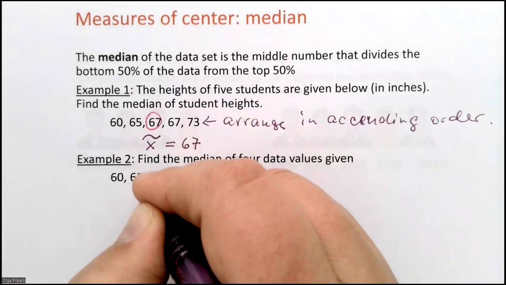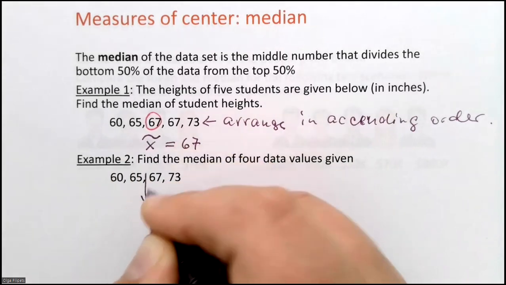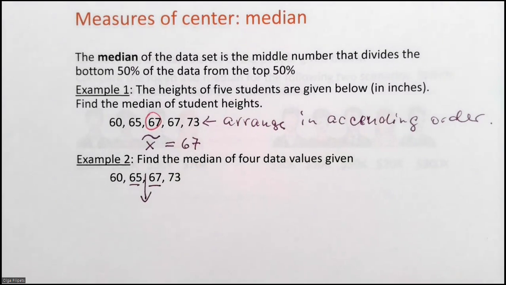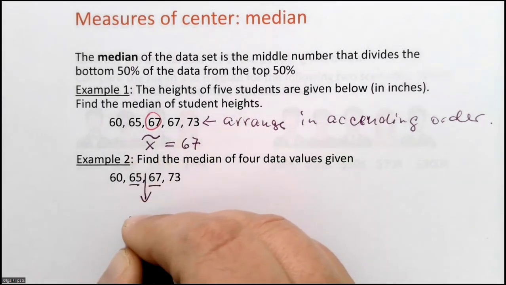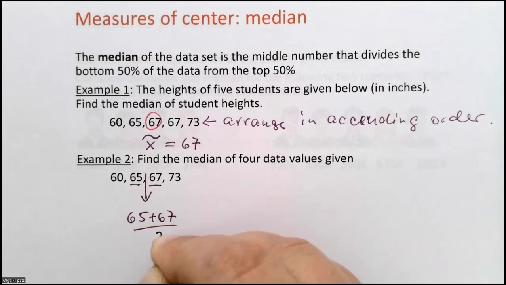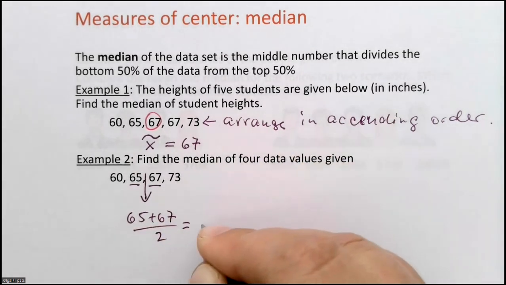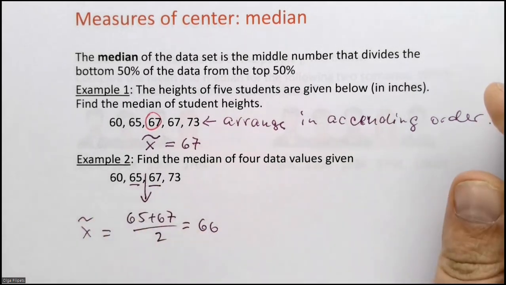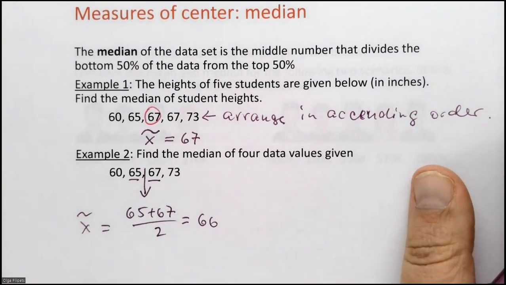So what you're going to do is average out the values to the left and to the right of the middle position. So it's going to be 65 plus 67 divided by 2. It's going to be 66. So the median for this data set is 66.